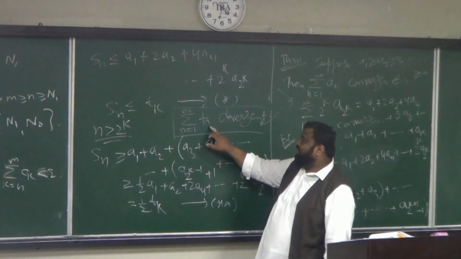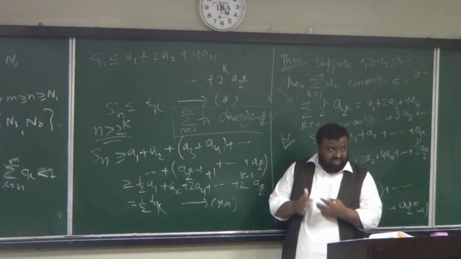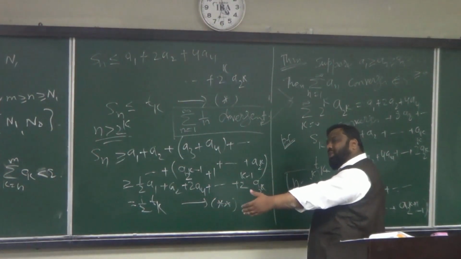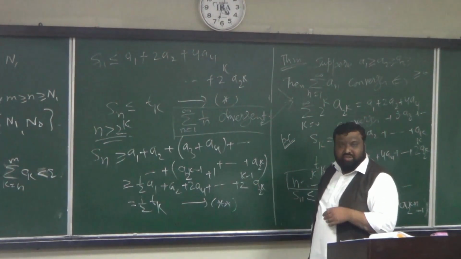Well, just think about it. You have this sum in which every upcoming term is getting smaller and smaller, but still the sum diverges.